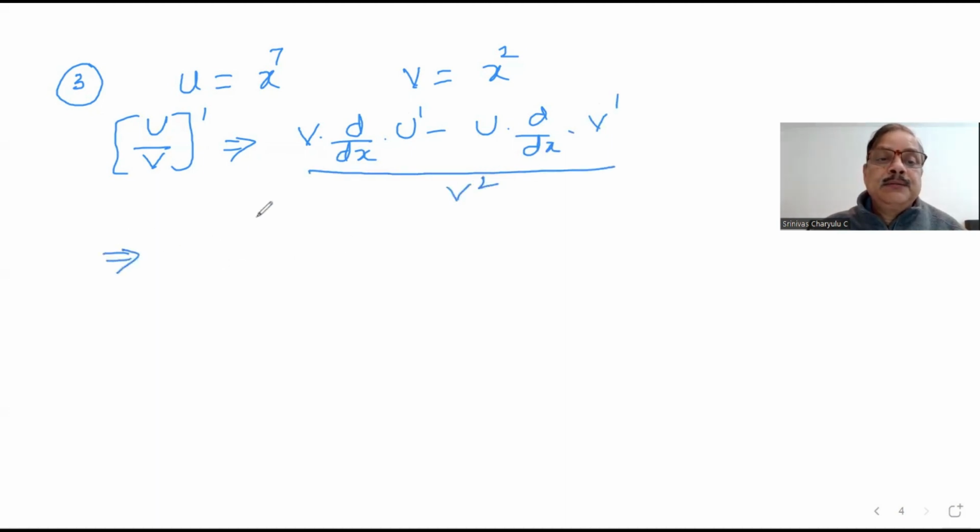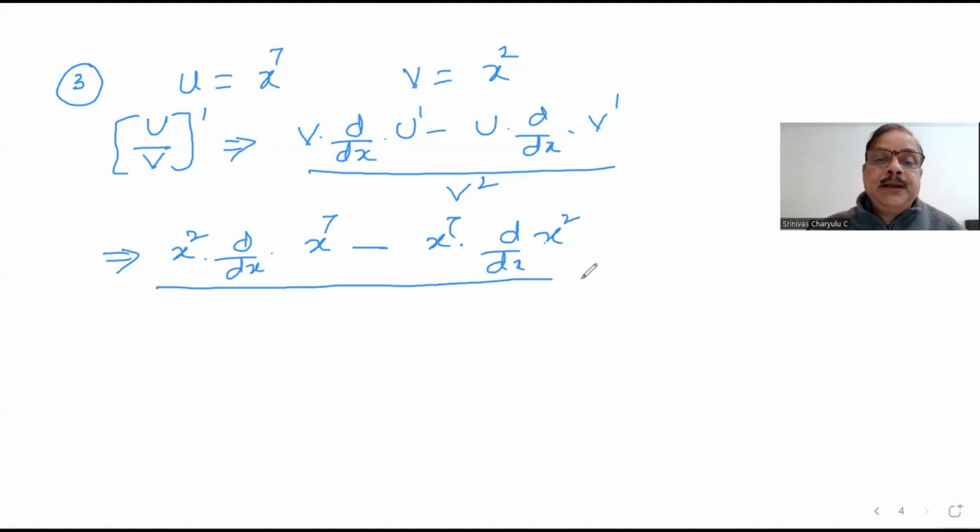So let us solve. v stands for x square. d by dx of x to the power of 7 minus u, meaning x to the power of 7, into d by dx of v, which stands for x square, whole thing divided by v square. v square is nothing but x square whole square, which is x to the power of 4.